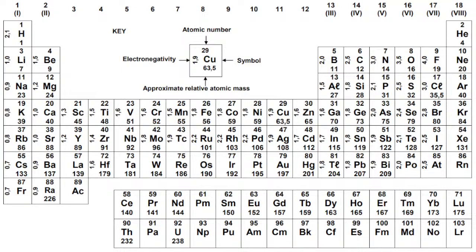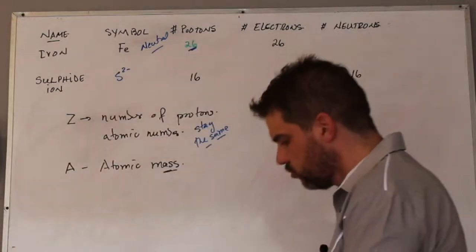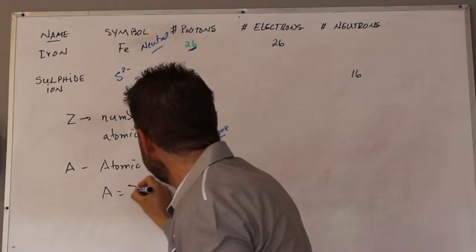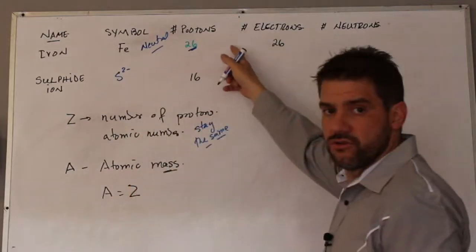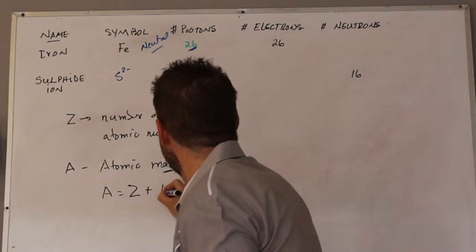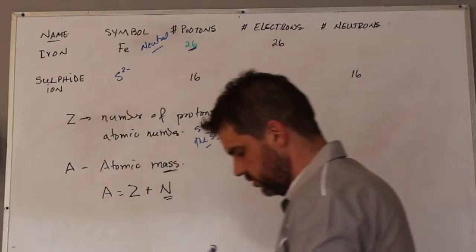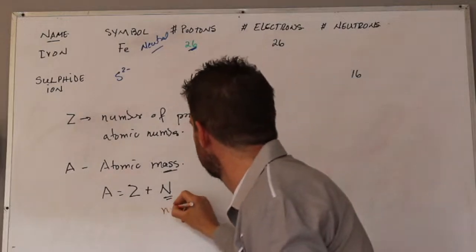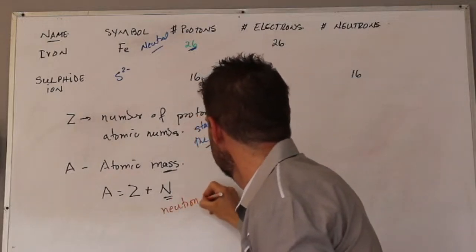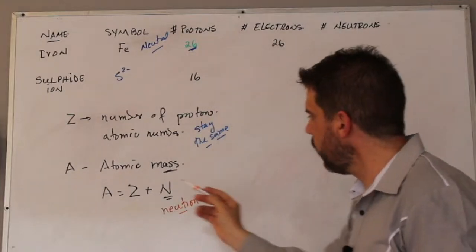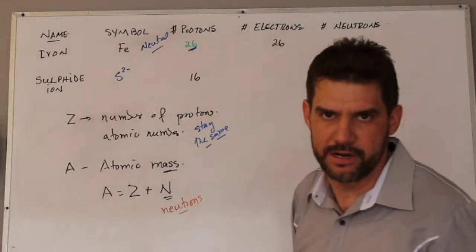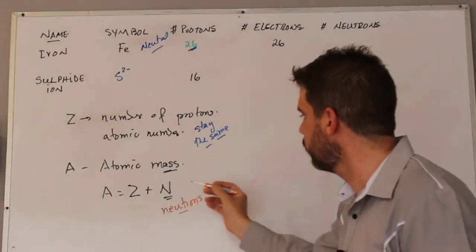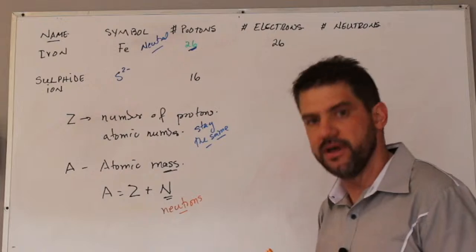All right, now the atomic mass, which is A, is equal to Z, which is the number of protons, plus N, which is the number of neutrons. Remember, I'm going a little bit more. I'm not just answering the question. This one is neutrons. All right. So if you have the atomic mass, which you get in the periodic table, and you have the number of protons, which you get in the periodic table, you may calculate the number of neutrons.